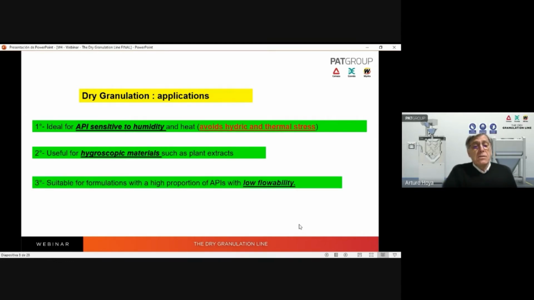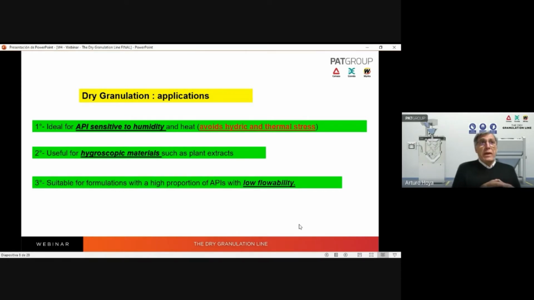And the other suitable case is for formulations with a high proportion of API with low flowability. Remember, flowability is one of the principal characteristics of our intermediate product, because the performance in the tablet machine will depend on good flowability.